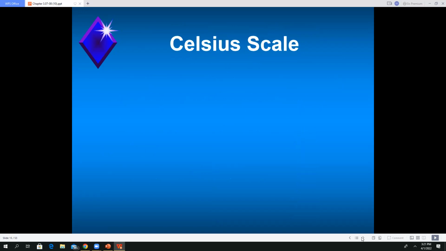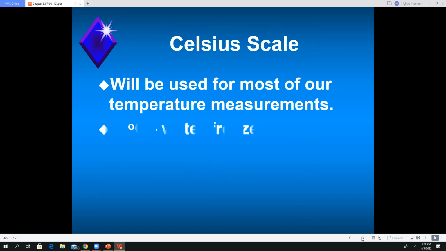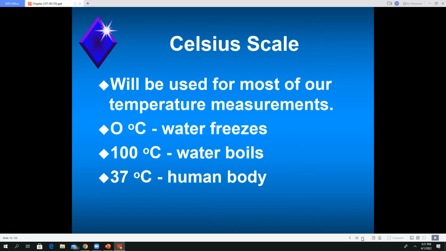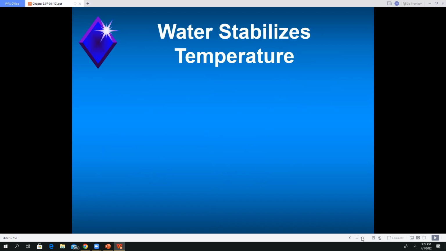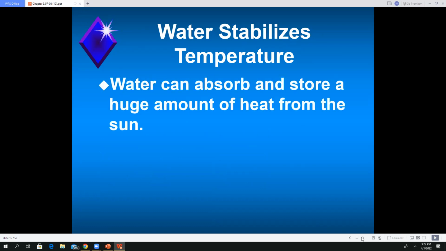Okay. The Celsius scale is usually what we use, and these are the freezing and boiling points of water, and also our normal temperature in Celsius. Water also does another thing, it stabilizes temperature, because water can absorb and store a huge amount of heat from the sun.